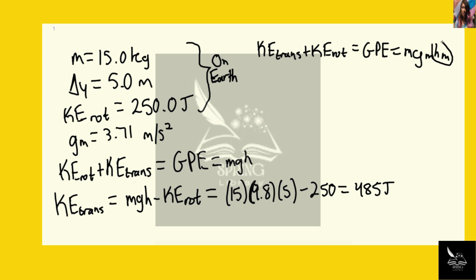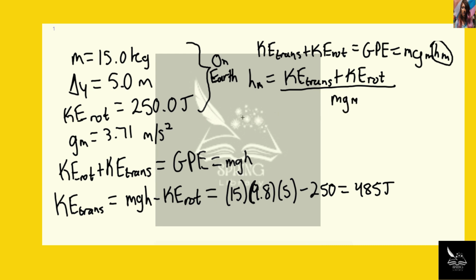How far must it fall on Mars in order to have the same amount of translational kinetic energy? And we find that h sub m equals KE trans plus KE rotational, divided by m g sub m.